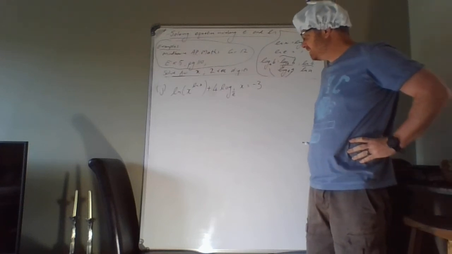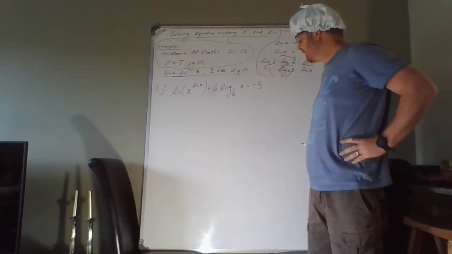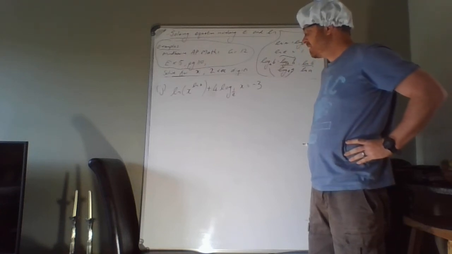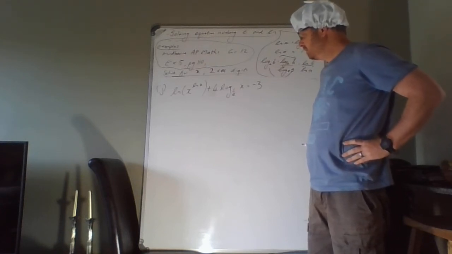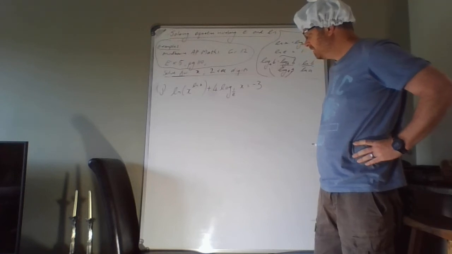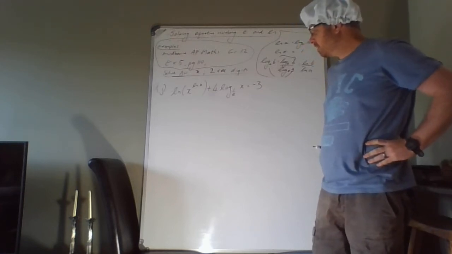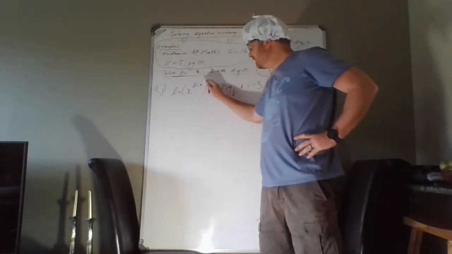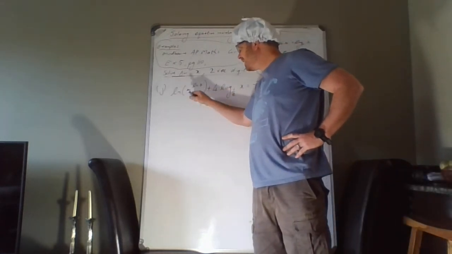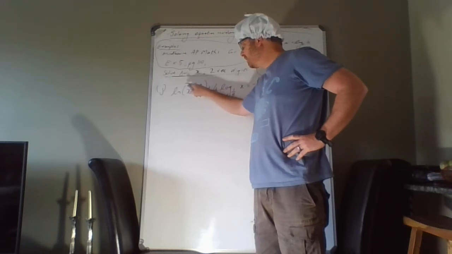Okay, so I've got ln x plus 4 log base 1 over e of x is equal to negative 3. That could bully you if you're prone to be bullied, but just stay calm and apply your log laws. The first thing is, I can move that exponent to the front.